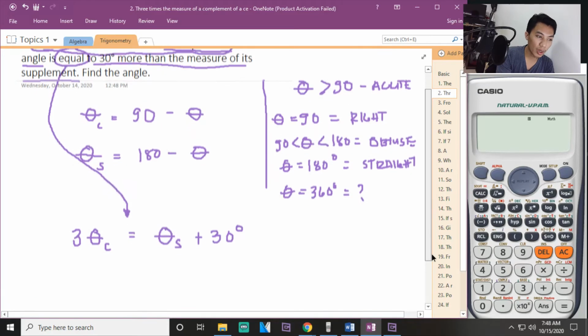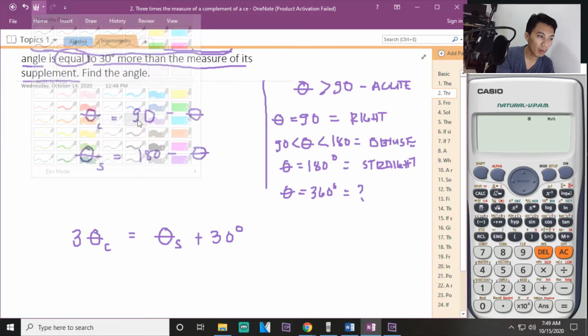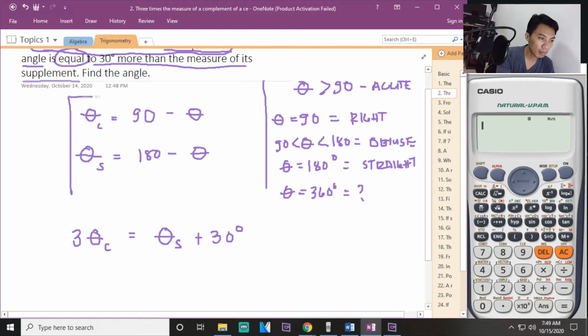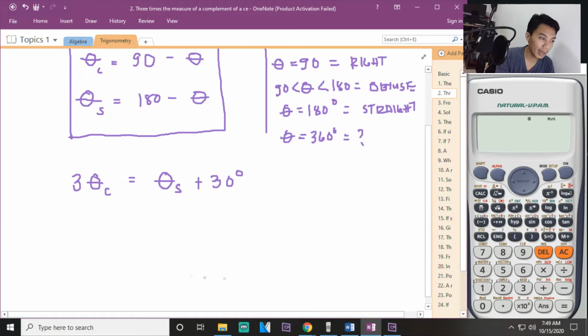Now, you know what is yung supplement saka yung complement. Alam mo yun sa equation nila. Yan. So, this will be substituted dito para mahanap natin yung angle. We find the angle.